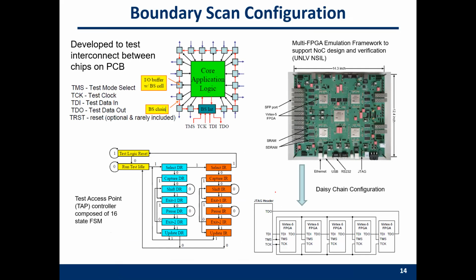For example, you can use the interface to test the interconnection between the chips on the PCB. So here is one example of how to do the testing. You have multiple FPGA boards here, and then you can test them by one single boundary scan configuration.